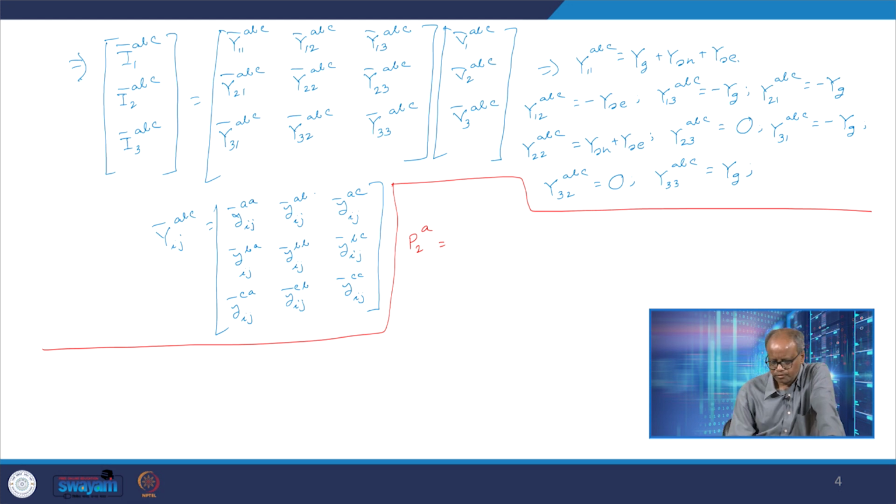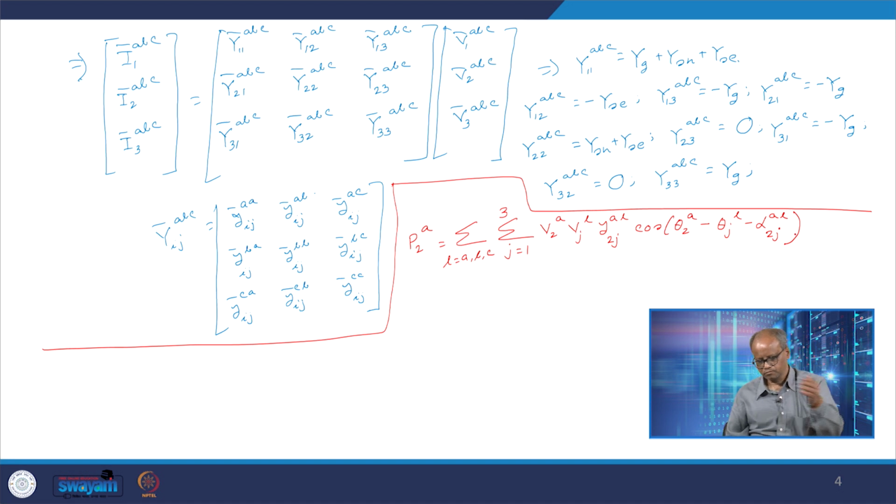P2a is basically, I know that L is equal to a b c, then j is equal to 1 2 3 because n plus m is 3, and then V2A VJL Y2JAL cos theta 2A minus theta JL minus alpha 2JAL, right? So now let us try to expand.